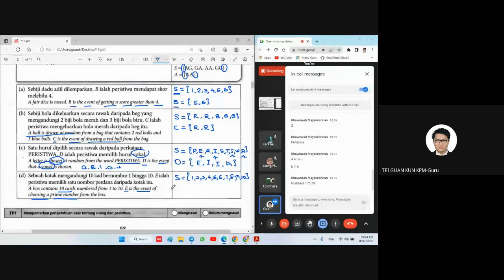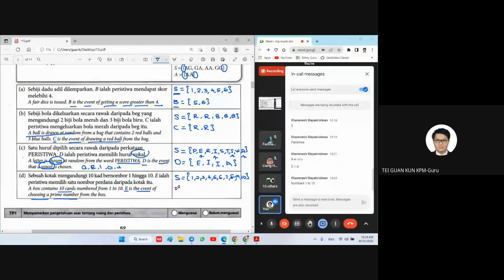Okay, so S is all the possible outcomes. So all the possible outcome is number 1 to 10 lah. Nombor yang kamu boleh pilih daripada box itu adalah nombor 1 hingga 10 sahaja. Sebab memang ada nombor 1 hingga 10 sahajalah. So sample space is number 1 to 10 lah.